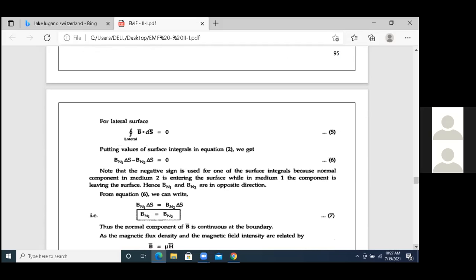So if we cancel the delta S, this equation becomes this, or B normal 1 equals B normal 2.